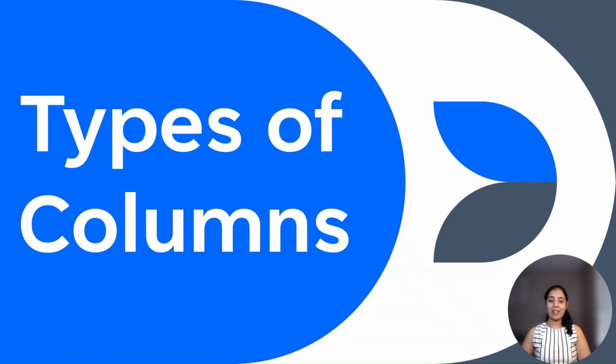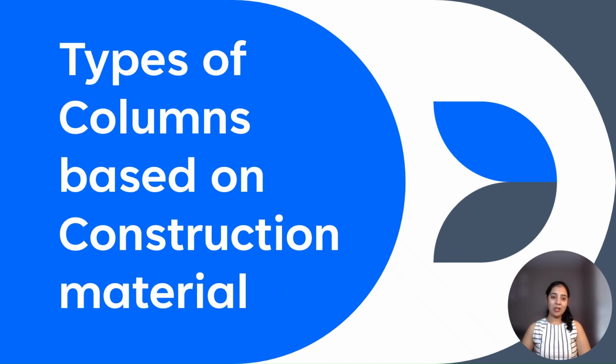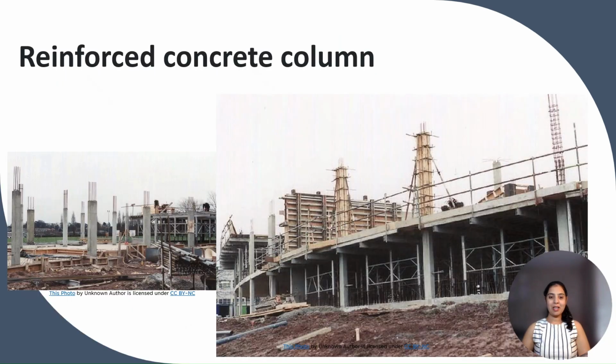Now we will see types of columns. Types of columns based on construction material used. First type is reinforced concrete columns. So concrete columns with steel reinforcement are reinforced concrete columns.